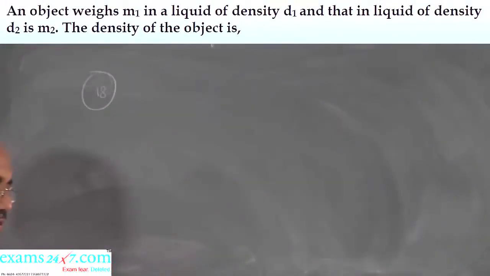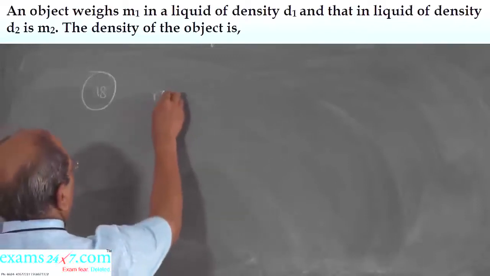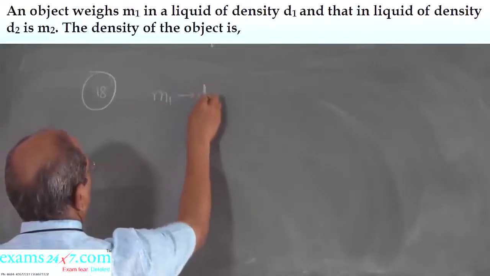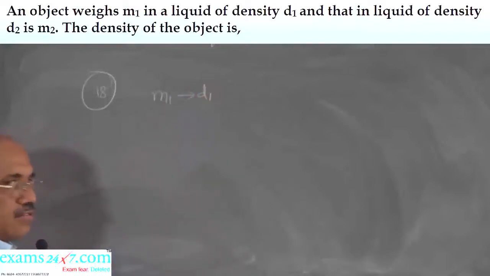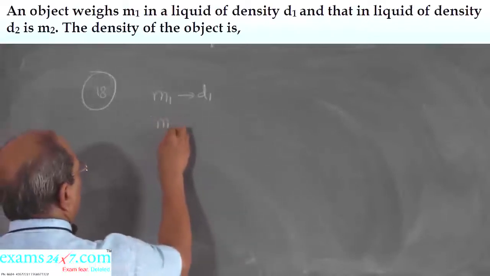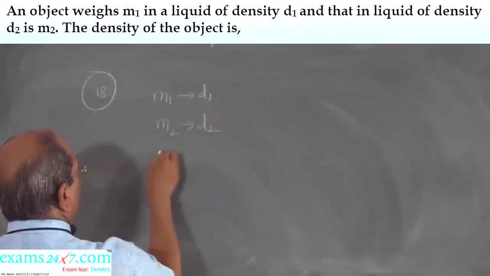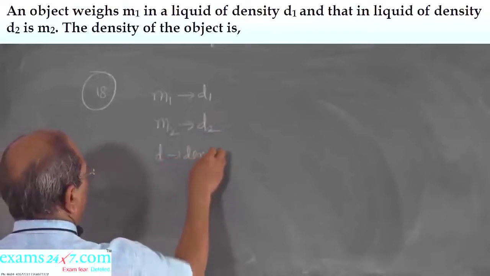An object weighs m1 in a liquid of density d1 and m2 in a liquid of density d2. Then the density of the object is? See, a body weighs m1 in density d1, and m2 in d2. d is the density of the body.